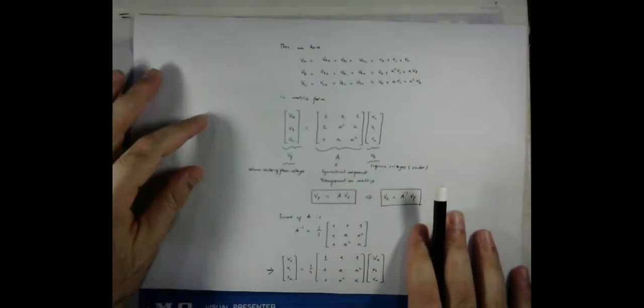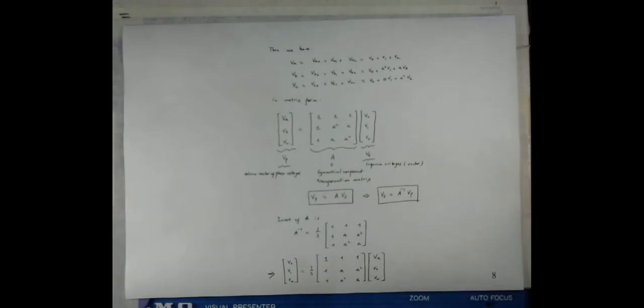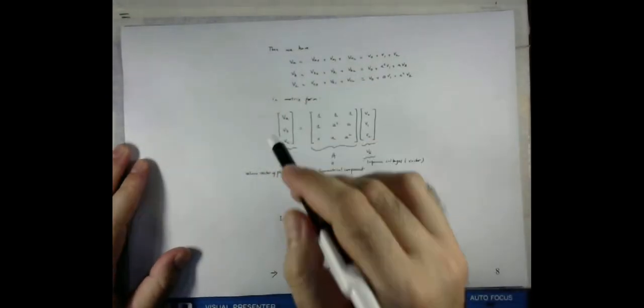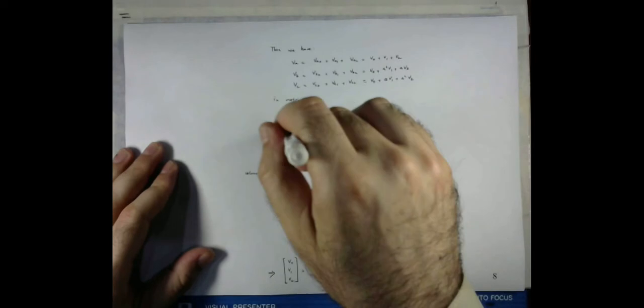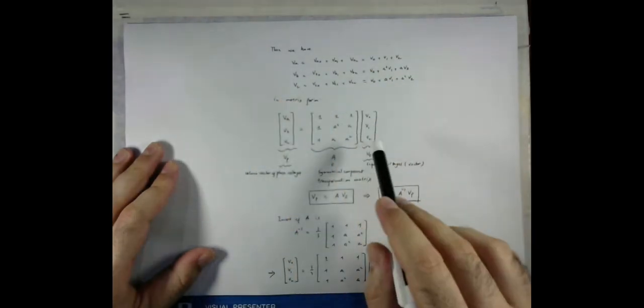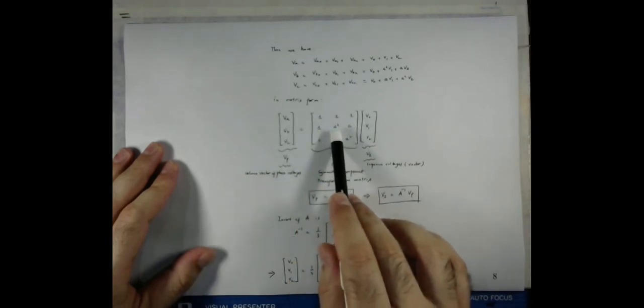As I mentioned before, in the case of unbalanced faults, where these magnitudes are no more equal, with the help of this transformation matrix we can convert the phase quantities into the sequence components, because we know A square, A, and this is an operator. If we know the phase quantities, we can get the sequence components.